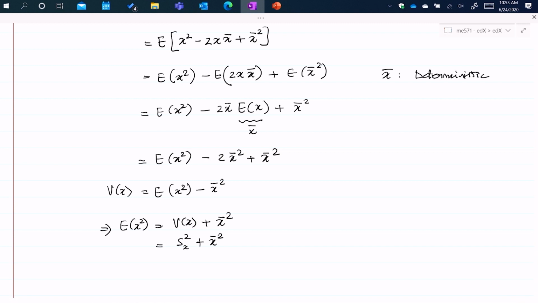We will instead use S sub x and x bar, simply because sigma is used for stress in mechanical systems, and so I'd like to retain the notation sigma for stress as much as possible. Okay, so this is the formula that we needed to prove. So we'll stop this particular module here.